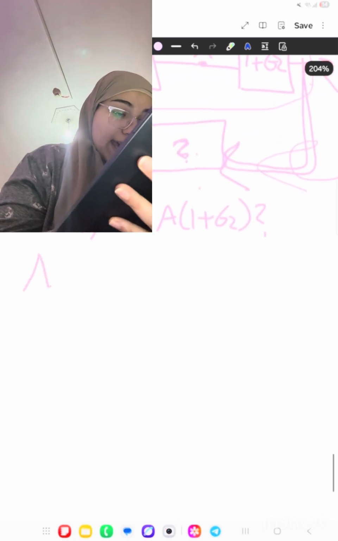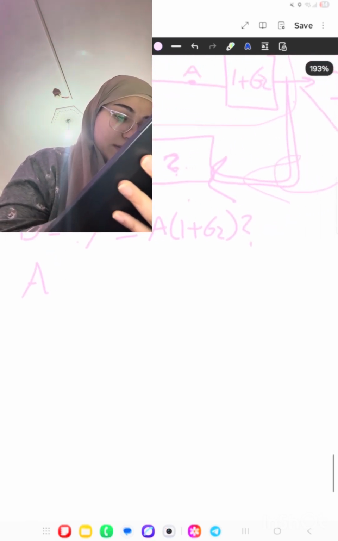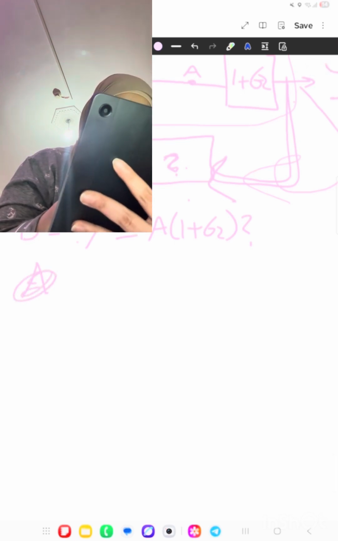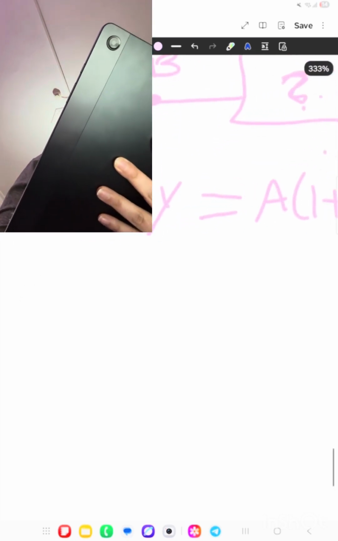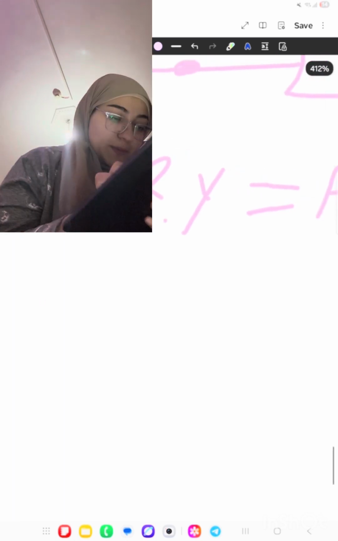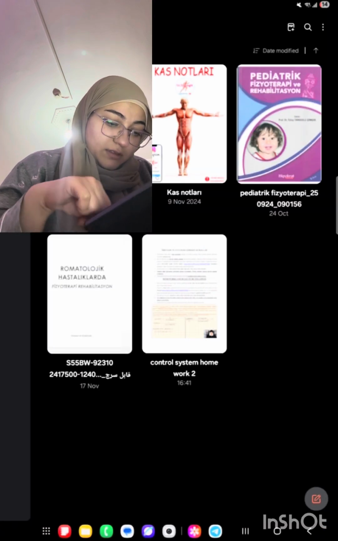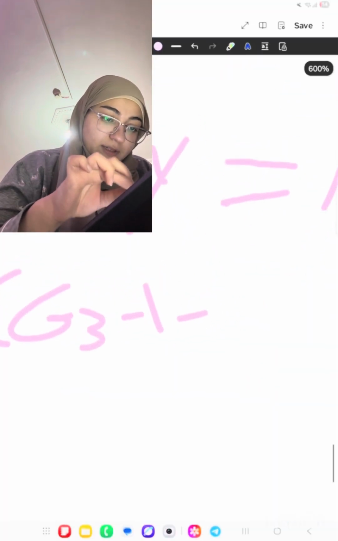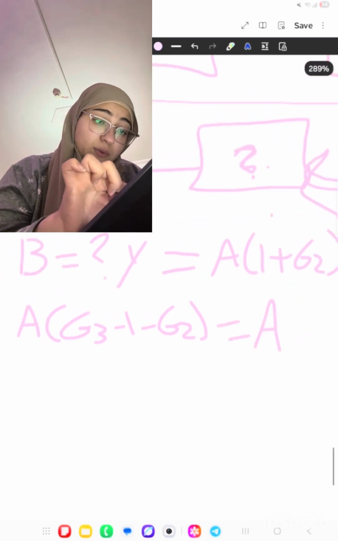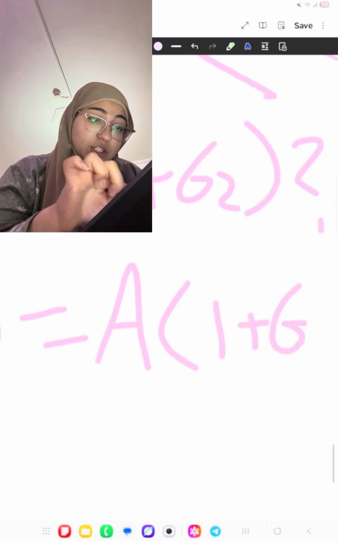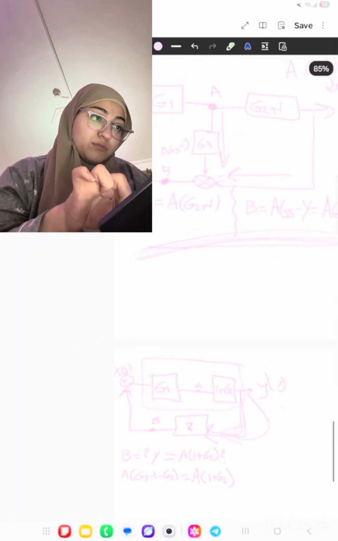So when we multiply it together, it's going to be A multiplied by G3 minus 1 minus G2 equals A multiplied by 1 plus G2 times the question mark. We found the B here actually, so it's okay.